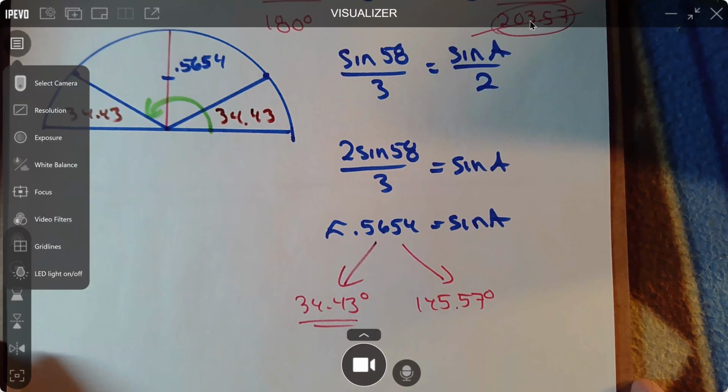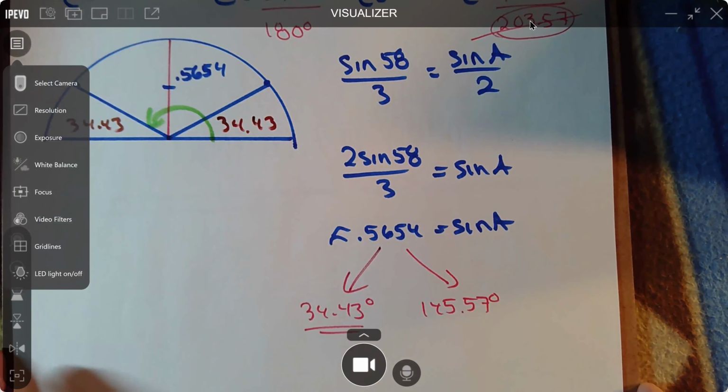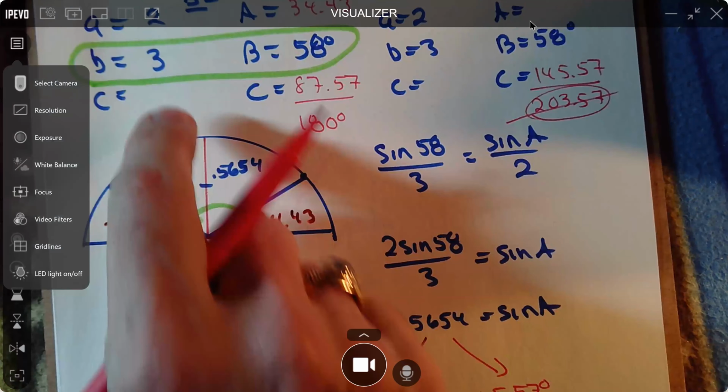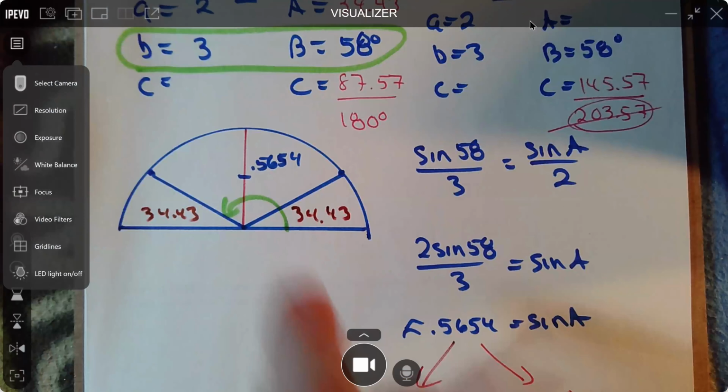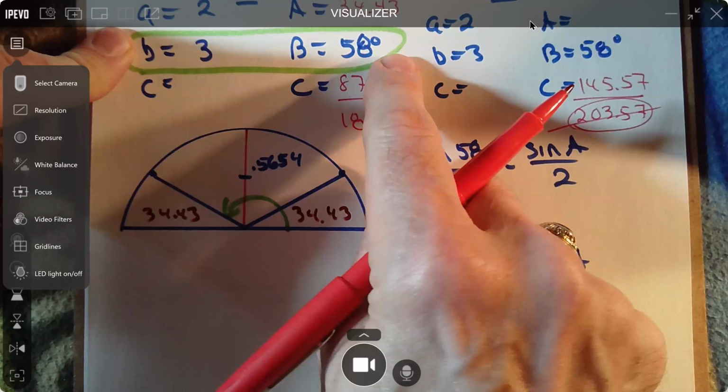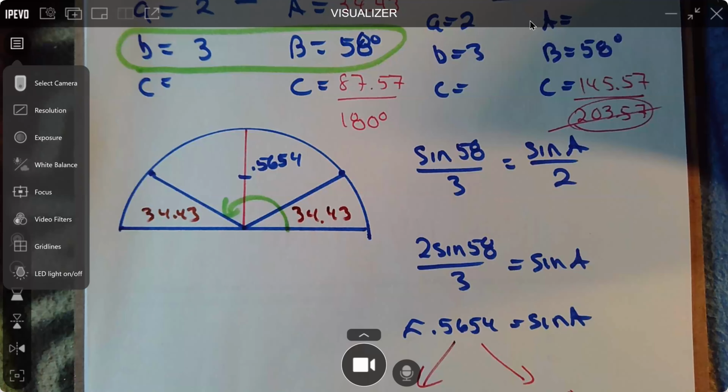So let's stick with this and finish solving this triangle. We need to find side C. I'm going to go back to what I was given to start with, that way I don't have to work with any rounded numbers.